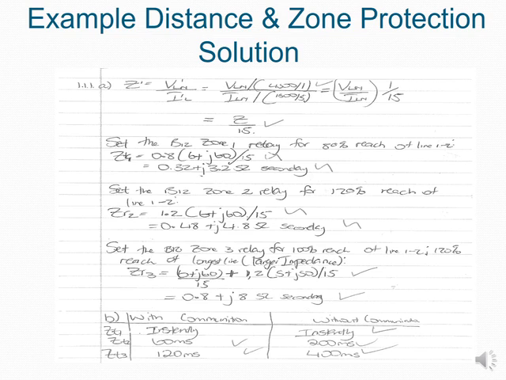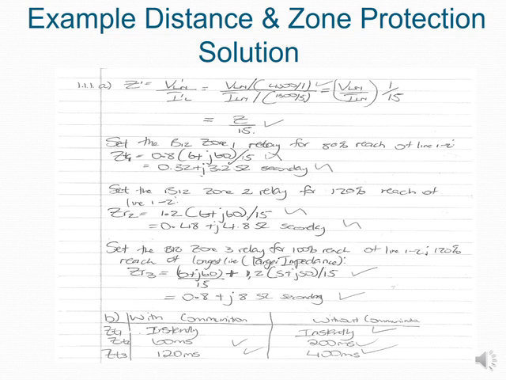So if we look at now for zone 1 relay, which is 80% reach of the first line, we can say that my ZT1 is going to be 0.8, which stands for 80%. I multiply into the impedance of that first line, which were given as 6 plus j60. Then I can divide by the 15, and I will have what my zone 1 scheme is going to be set at. Then I go to my zone 2.